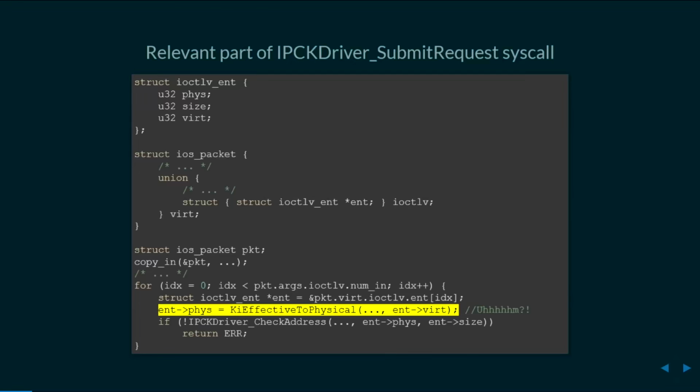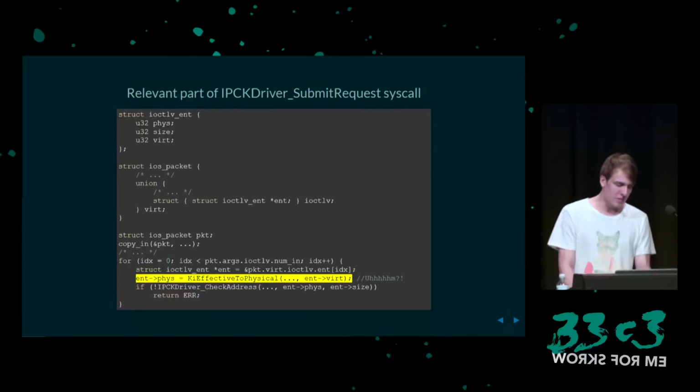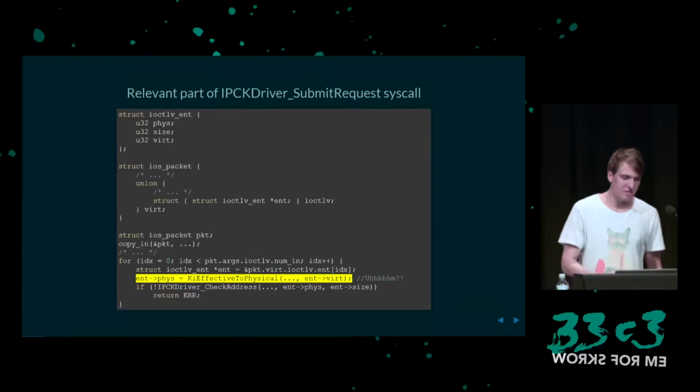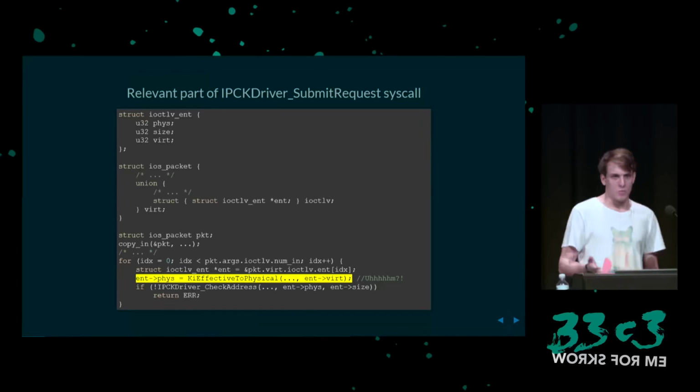What we do from user mode is submit it filled out with the virtual address and the size, and the kernel does this convenient thing for us to change the virtual address to the physical address. We can see it copies in this packet from user mode into kernel mode using the safe mechanism, and then it goes through all the entries and fixes up the physical addresses for us. But we can see in this line that it doesn't use the safe mechanism at all. It doesn't care about whatever address we put in there. So this gives us some kind of write primitive to wherever we want, basically.